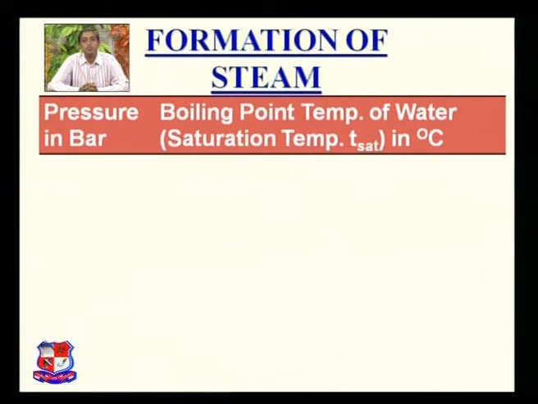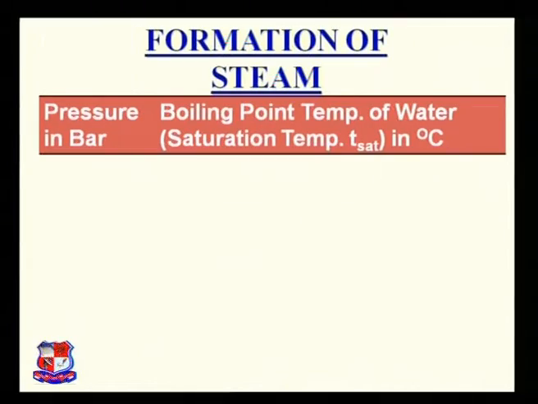Technically, we have to say that the boiling point temperature of water is 100 degree centigrade at 1 atmospheric pressure. It means if the pressure on the water is 1 atmosphere, then the boiling point temperature will be 100 degree centigrade. In technical terms, boiling point temperature is termed the saturation temperature, and it is denoted by the symbol T sat. So from now onwards, technically we have to speak of the boiling point temperature as T sat.